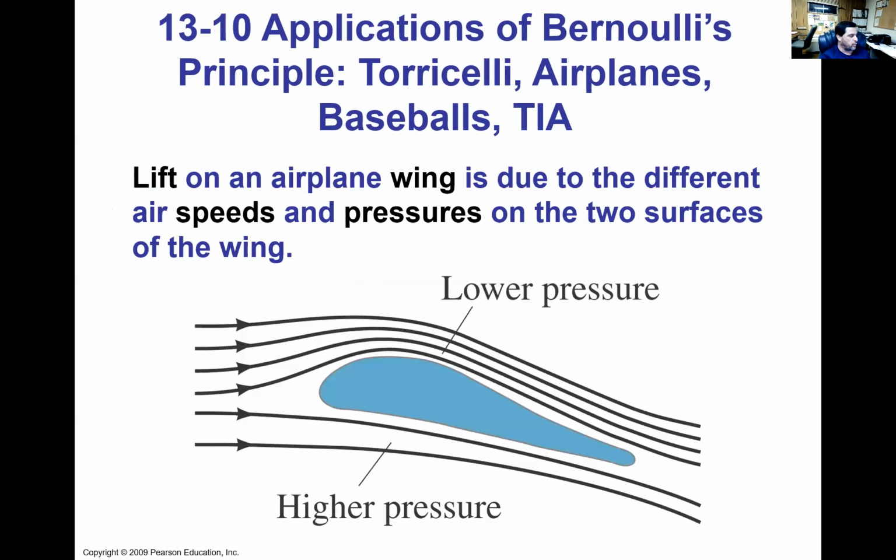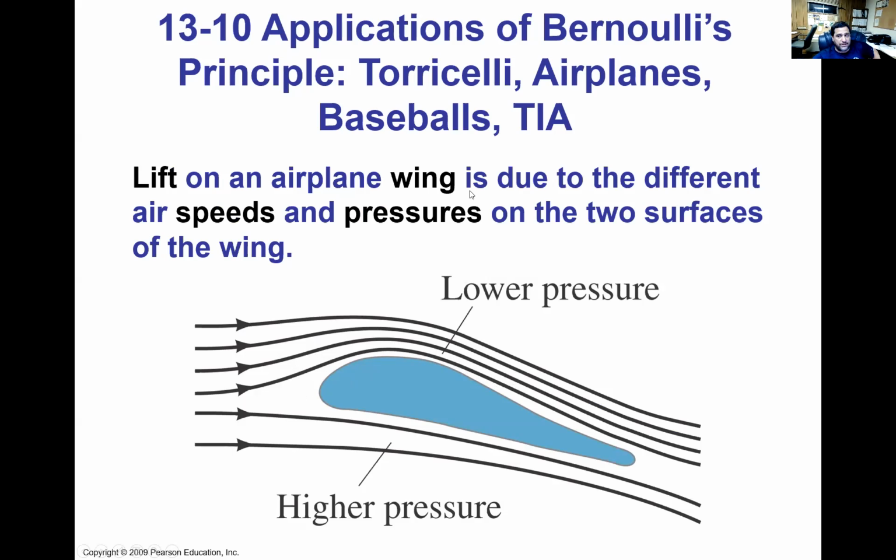So how do airplanes work? Airplanes work because of the shape of the wing. An airplane wing has a longer length on the top, so air traveling over the top of it has to go a further distance than air going under it. So it has to go at a higher velocity, hence a lower pressure.